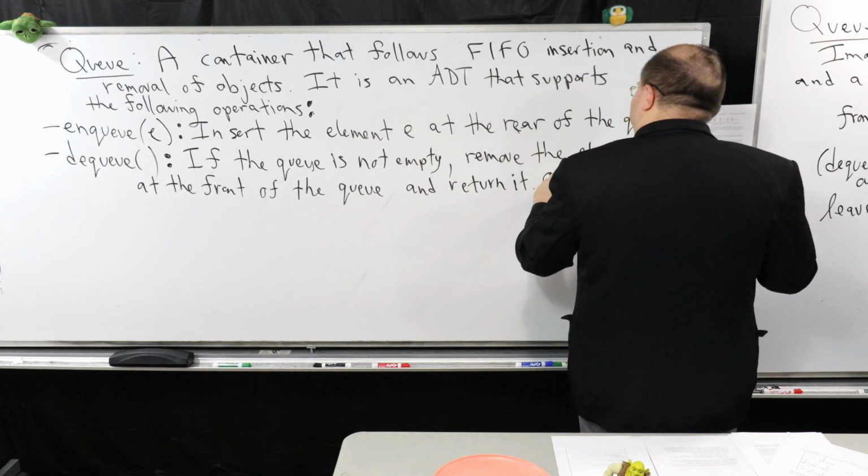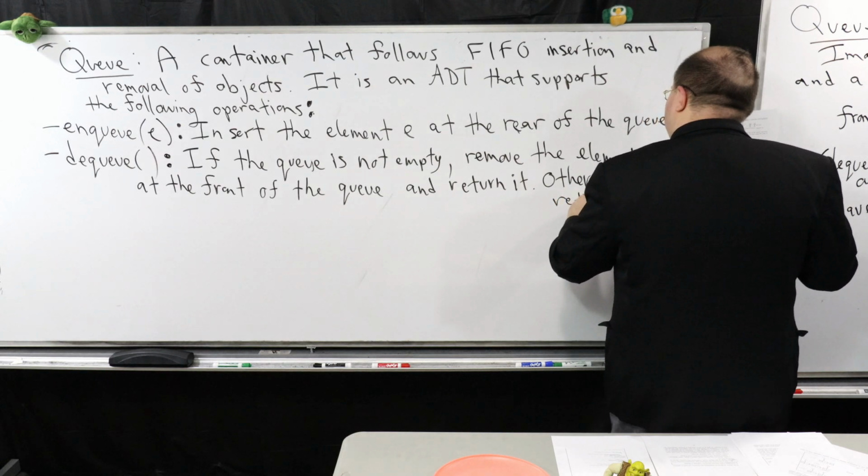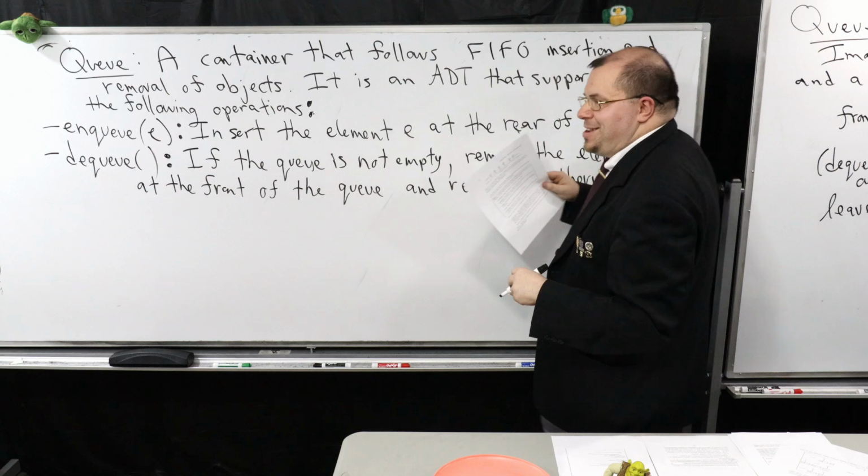And otherwise return null. Because if the queue is empty, we don't have anything that we can dequeue.